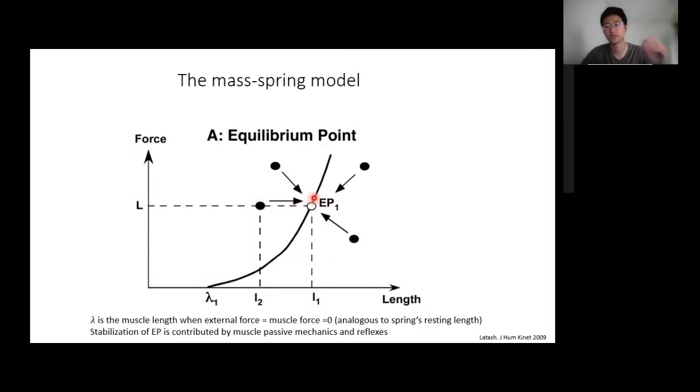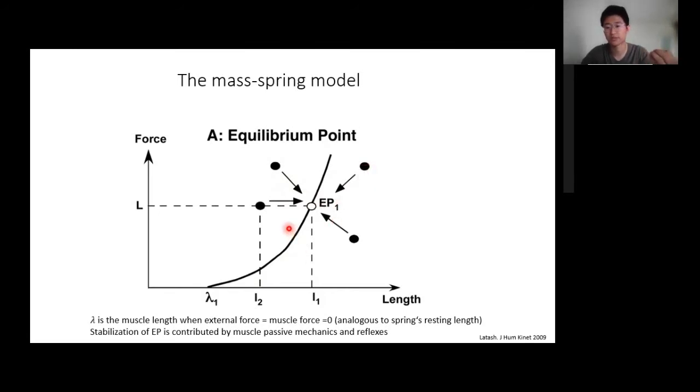And this is always in the static case, when all the forces are balanced. It's not about dynamics, not about moving. So this force and length define an equilibrium point. Once you are at the equilibrium point, if you deviate anywhere away from it, the system will take you back to the equilibrium point.